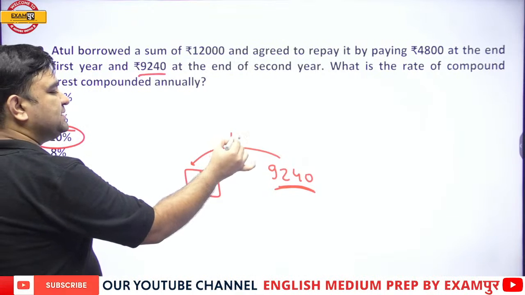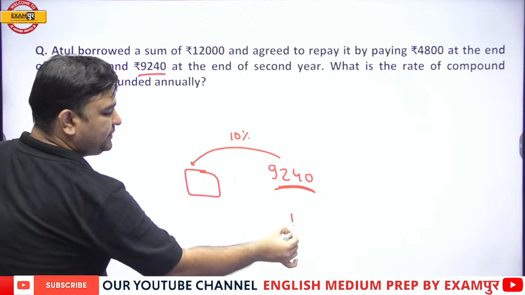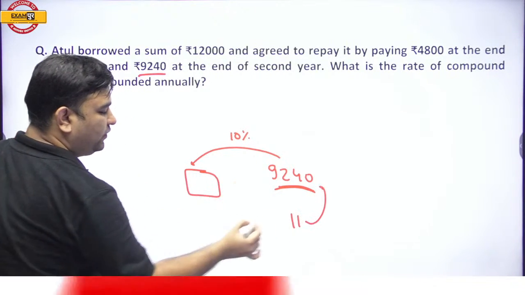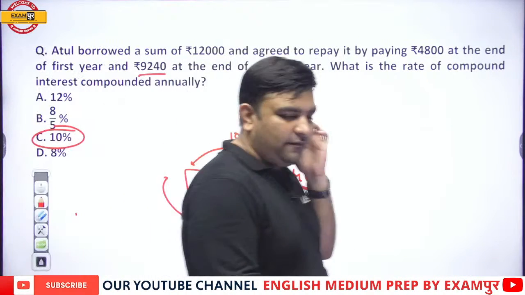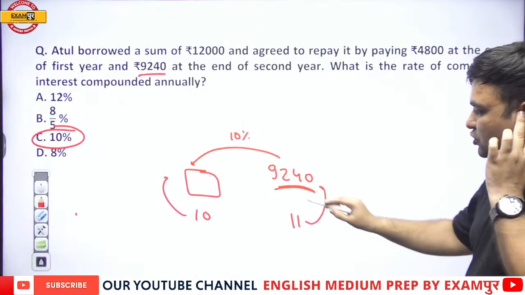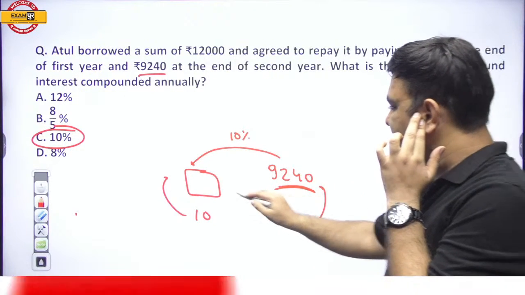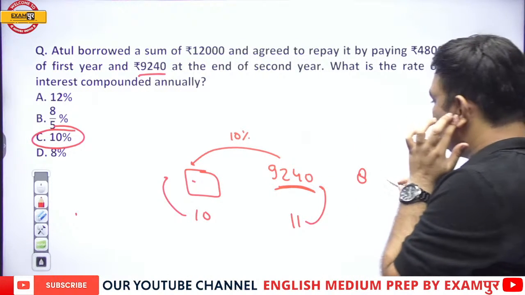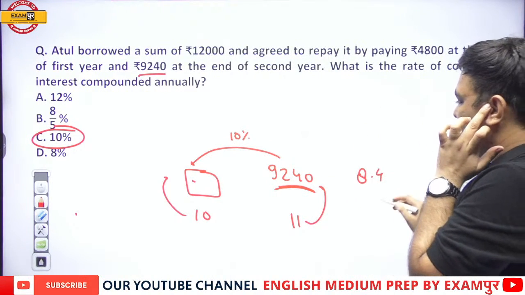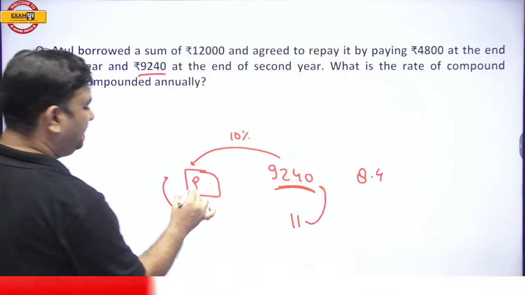If I assume 10% is the rate, then this is my 11. So what is the value of 10? 11 ones are 11, 11 eights are 88, 44, 11 fours are 44. So it's 8400.